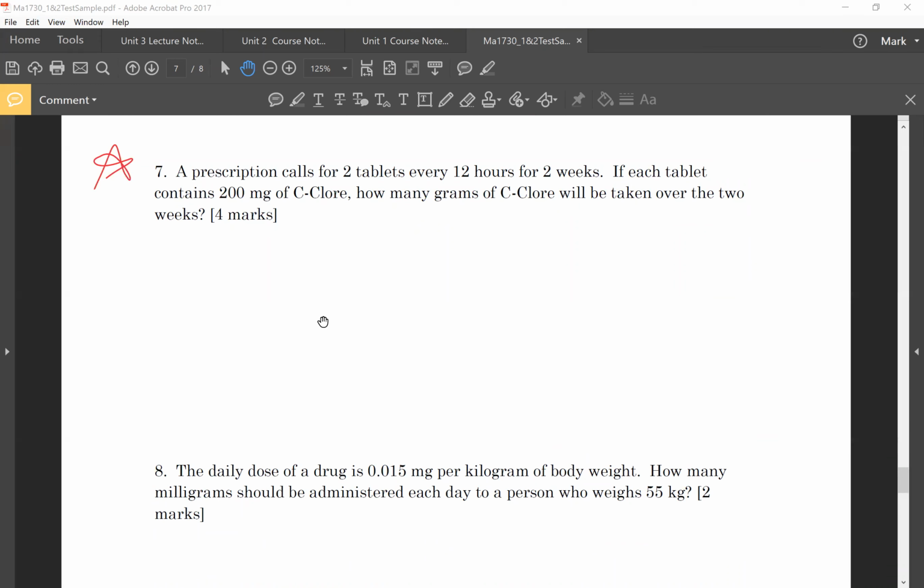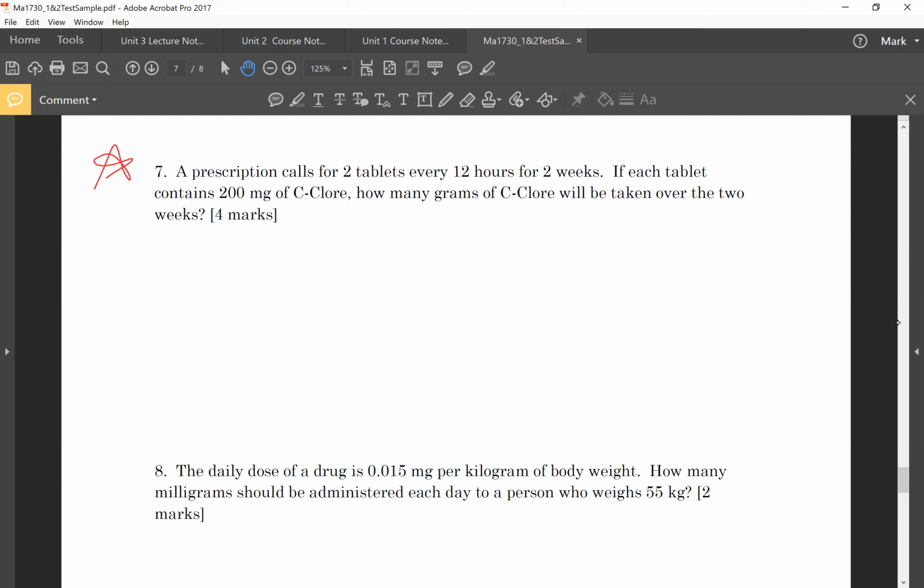What we're looking for is how many grams will be taken over 2 weeks. So our goal is to somehow convert 2 weeks to grams.